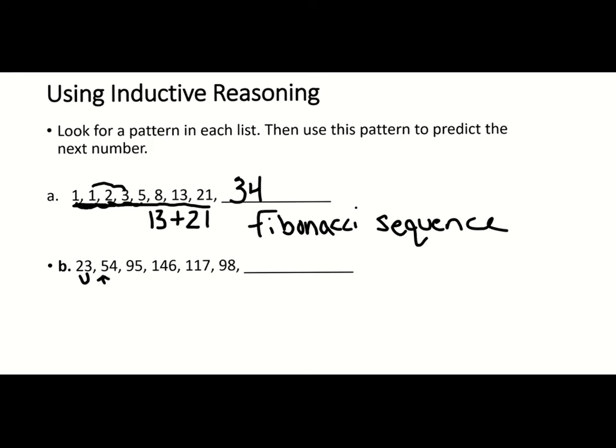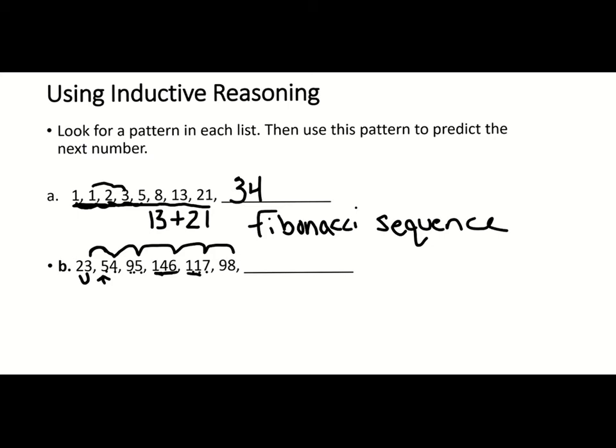And then I notice that we have 3, and then my second number here is 4, and then it's 5, and then it's 6, and then it's 7, and then it's 8. And if I add 5 plus 4, I get 9. If I add 9 plus 5, I get 14. If I add 1 plus 4 plus 6, if I add all the digits together, it gives me 11. If I add 1 plus 1 plus 7, that will give me a 9.